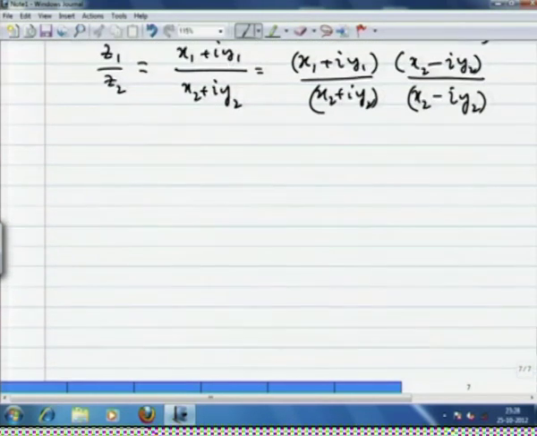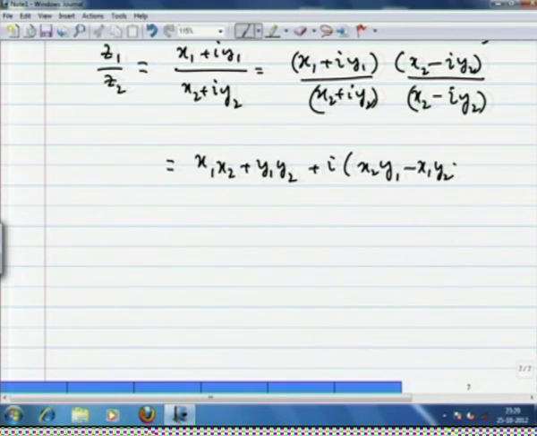This gives me x 1 x 2 plus y 1 y 2 plus I times (x 2 y 1 minus x 1 y 2), and in the denominator I get x 2 squared, and then minus x 2 y 2 I and plus x 2 y 2 I cancel.